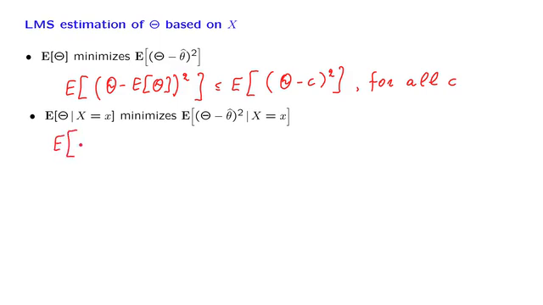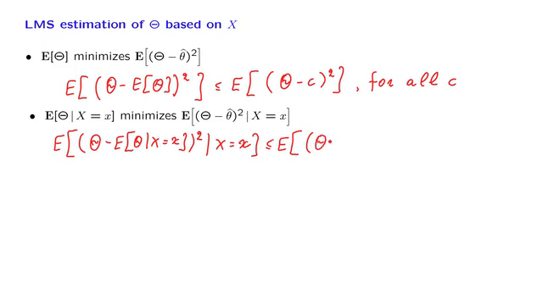What it means is that the expected value of theta minus the estimate, namely the conditional expectation, squared, in this conditional universe in which we live, is less than or equal to the mean squared error that we would have obtained if we had used any other estimate in the place of the conditional expectation.